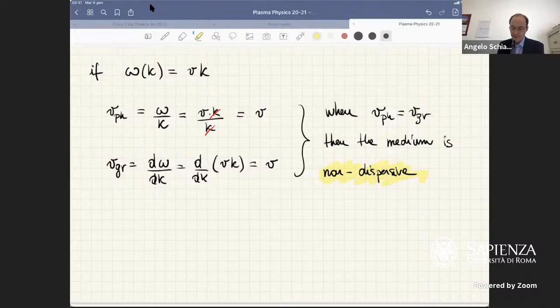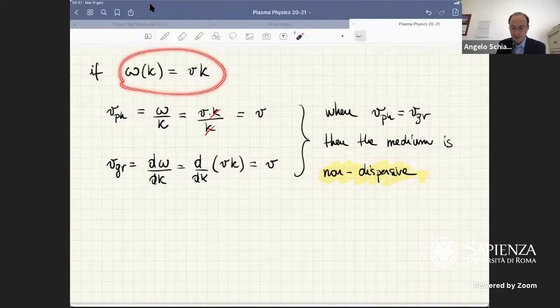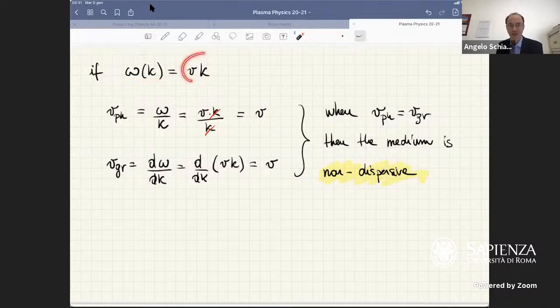So we started with an example where our omega-k dispersion relation is describing a non-dispersive medium. Let's now move on to an example where actually we see that there is a dispersion, and this is an anticipation of what we are going to find for waves in the plasma.